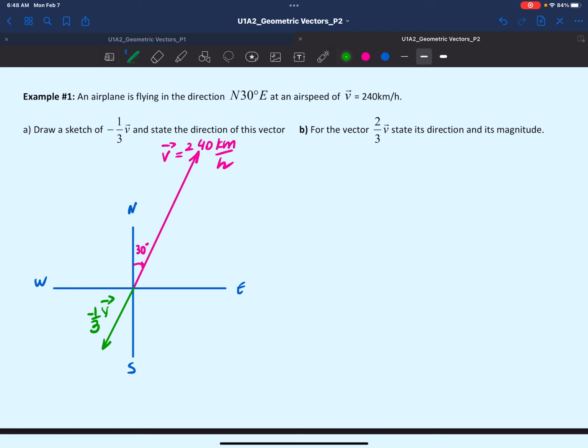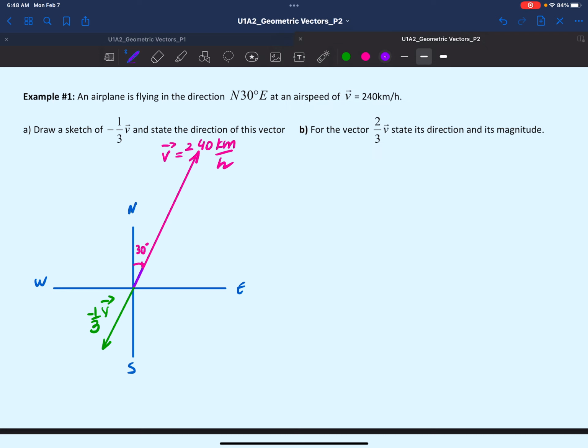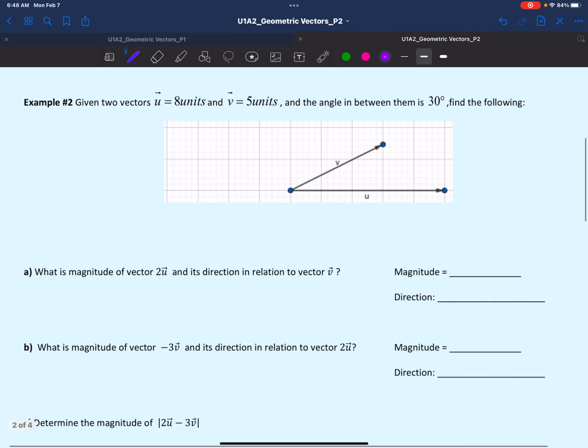And let's make this a fun color, purple. And here we go. This looks like 2/3. And this would be 2/3 v. And the direction of 2/3 v will be the same as vector v, which is north 30 east. That's a more proper way of describing it. Moving on to the next example.